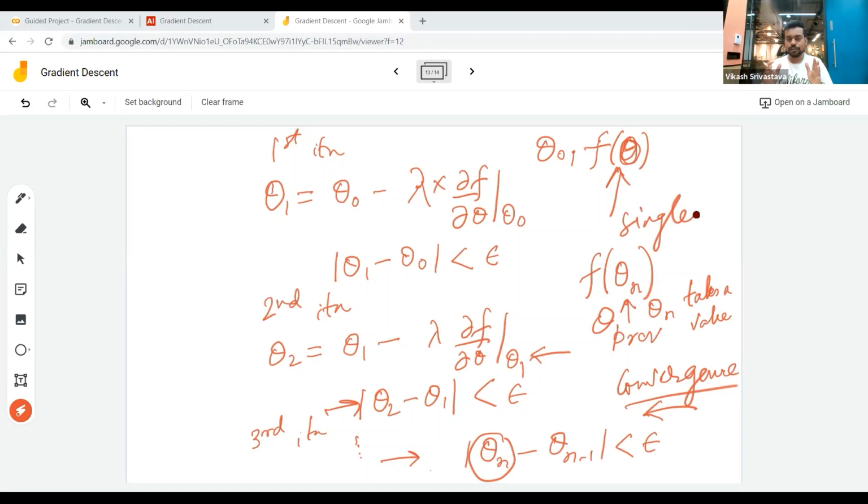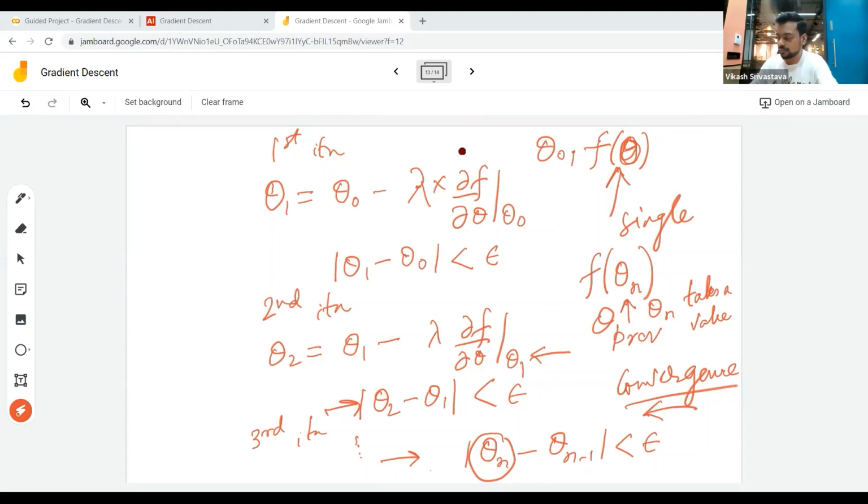So let's say the difference between your new theta and the old theta, if that is very small, and we are defining that very small by 1/1000, which is a reasonable enough approximation, or assumption. But of course you can take it to be smaller than that, right? That depends upon you. But I think 1/1000 is a good choice, right?